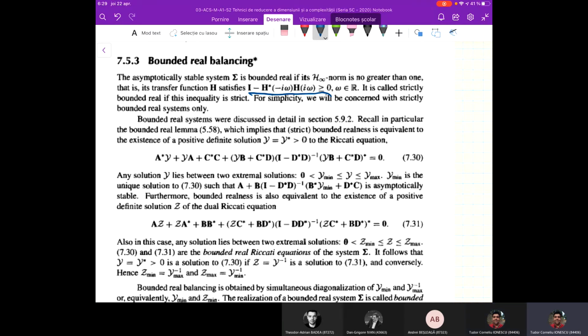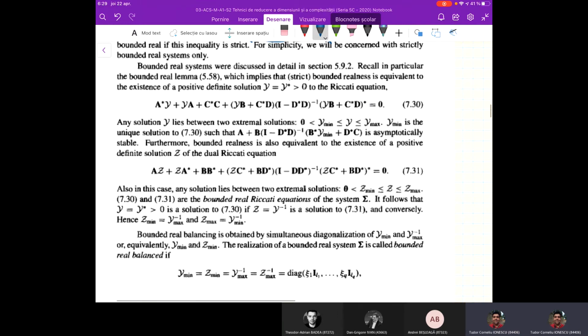You can also find bounded real systems discussed explicitly. These positive real and bounded real properties are related to some specific Riccati equations, such as 7.30 here, which is quite difficult.